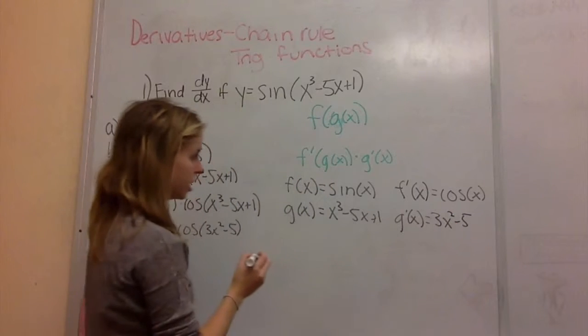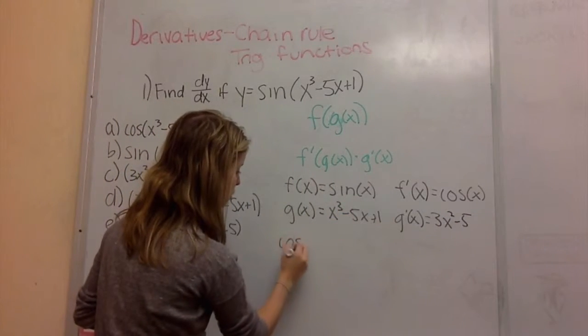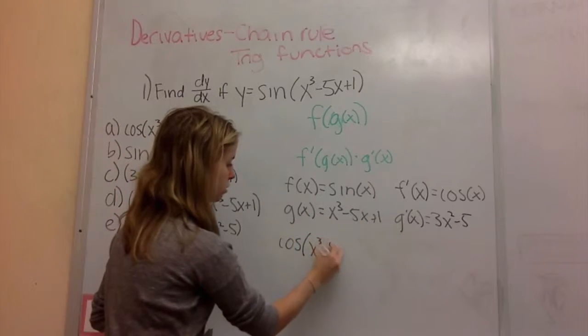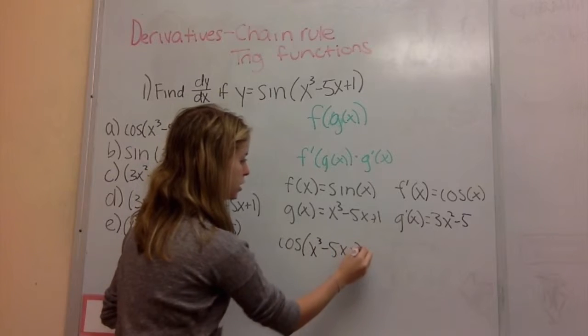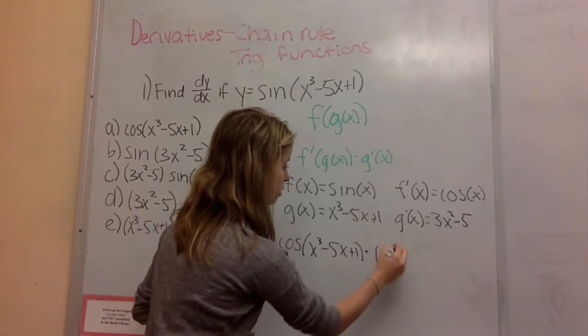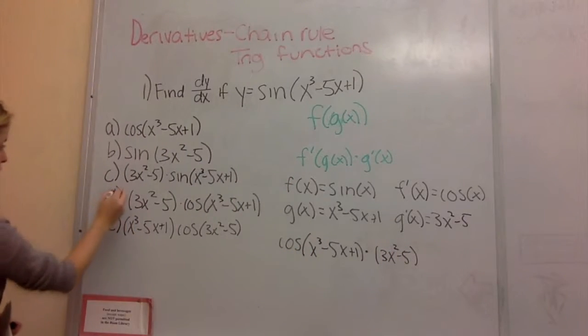And if we put those together, we're going to get f prime, so the cosine of g of x, times g prime of x. And that leads us to D.